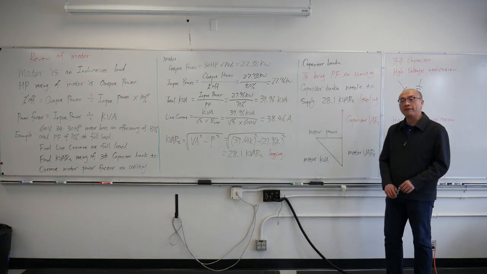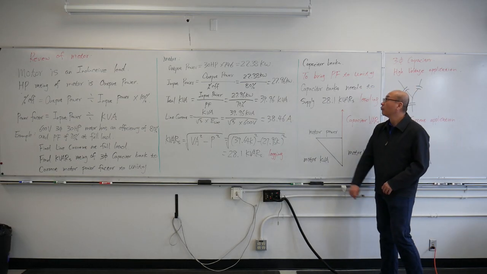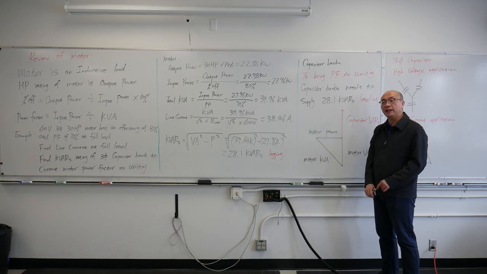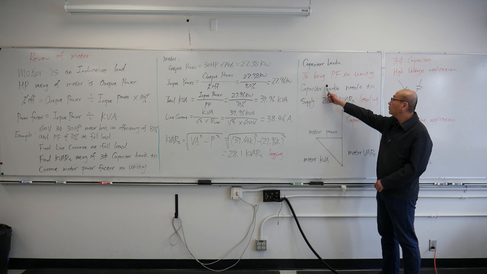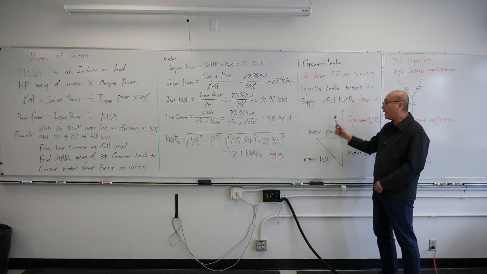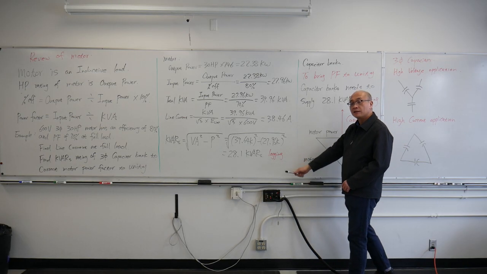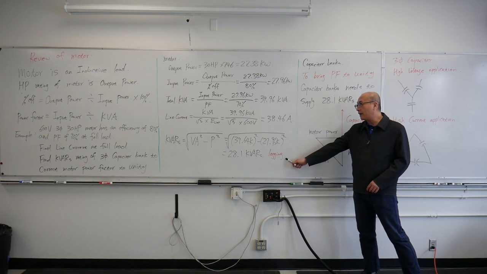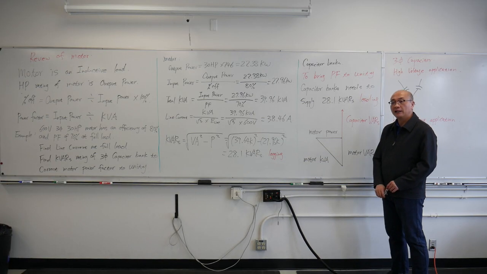To correct the power factor to unity, we put a capacitor bank in there. The capacitor bank has leading VARs. So the capacitor bank needs to supply the same amount as the lagging VARs so we can have a unity power factor. We know the motor has 28.1 kVAR lagging.